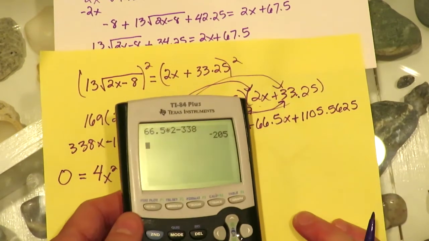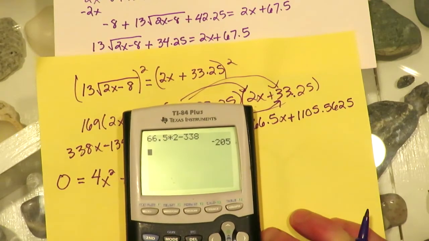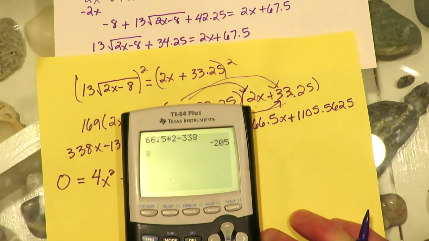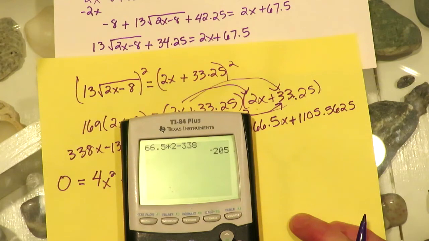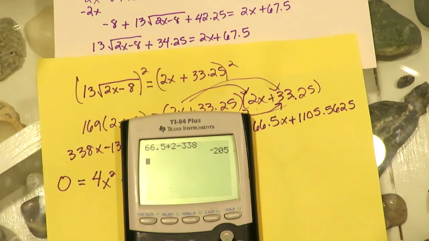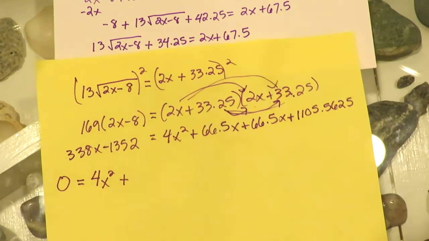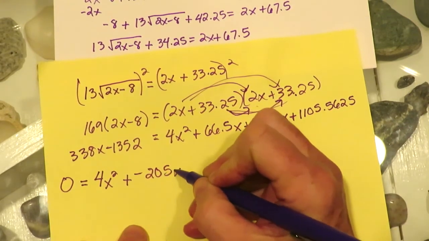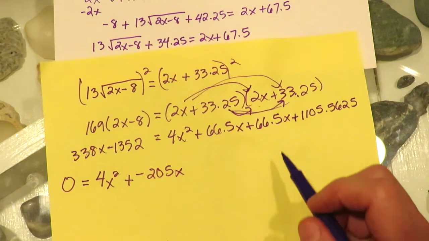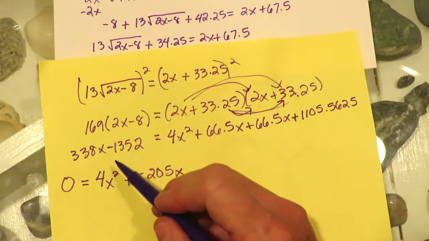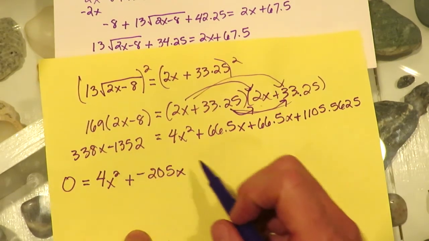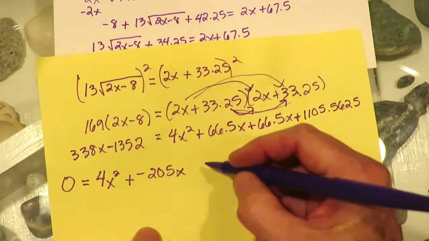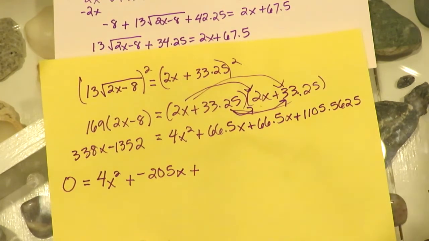So if you're just working on the coefficients there, I have two 66.5s, and then I'm subtracting 338. I get negative 205, so my linear term is negative 205. And then I have this constant, and I will add 1,352. So I will have a positive.